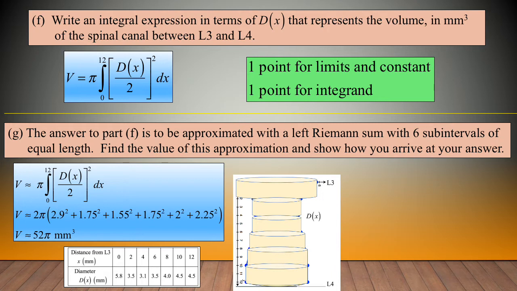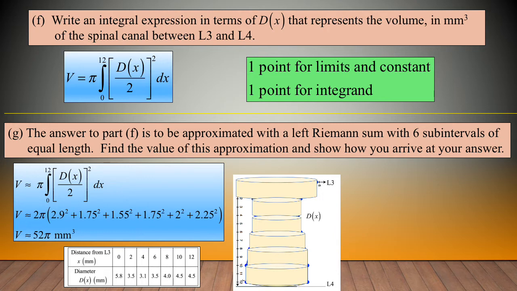We will now be adding up left Riemann cylinders. The volume of a cylinder is pi r squared h. We know the radius, and we know that since there are 6 subintervals, then each subinterval has height 2.